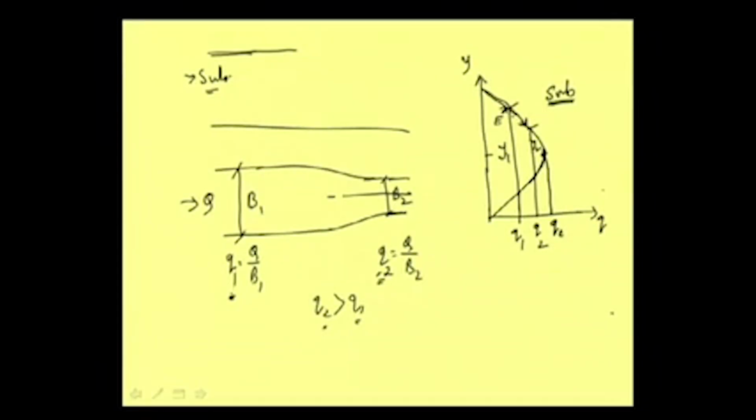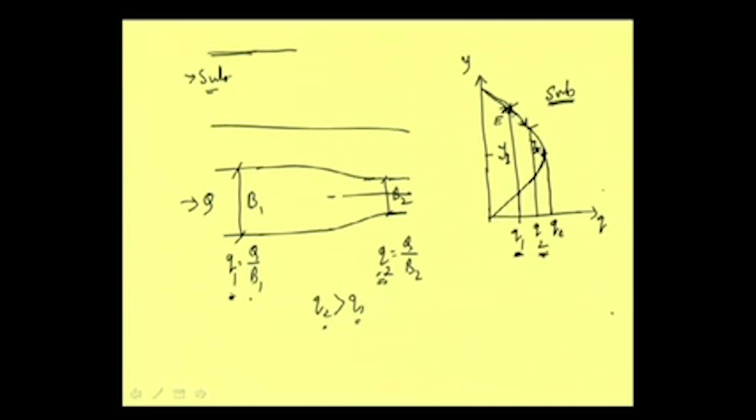For this sort of situation, we can see that when unit discharge Q1 here is less than the unit discharge Q2, it is the situation of this kind. You can refer to the diagram. Q1 is changing to Q2. When Q is increasing, depth is changing from Y1 to Y2, that is, depth is reducing from Y1 to Y2.